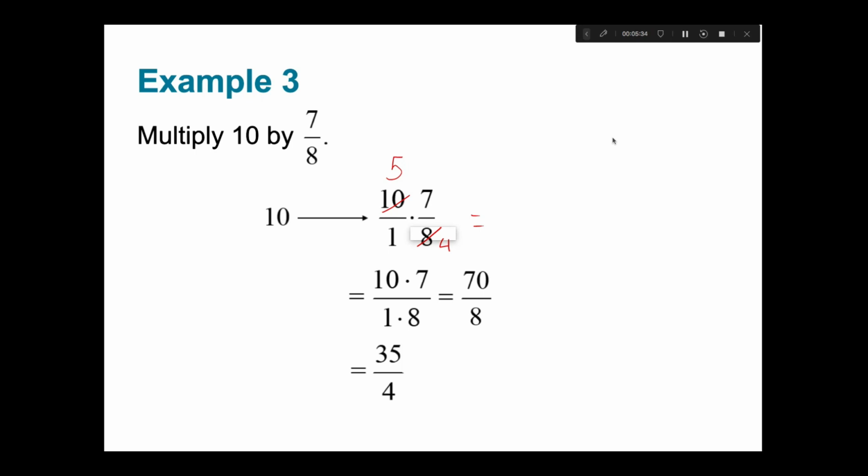Can 35 over 4 be turned back into a mixed number? Yes, absolutely. How do I turn 35 over 4 back into a mixed number? By dividing it. 35 in the box, 4 outside the box. Got that, Blake? Okay.